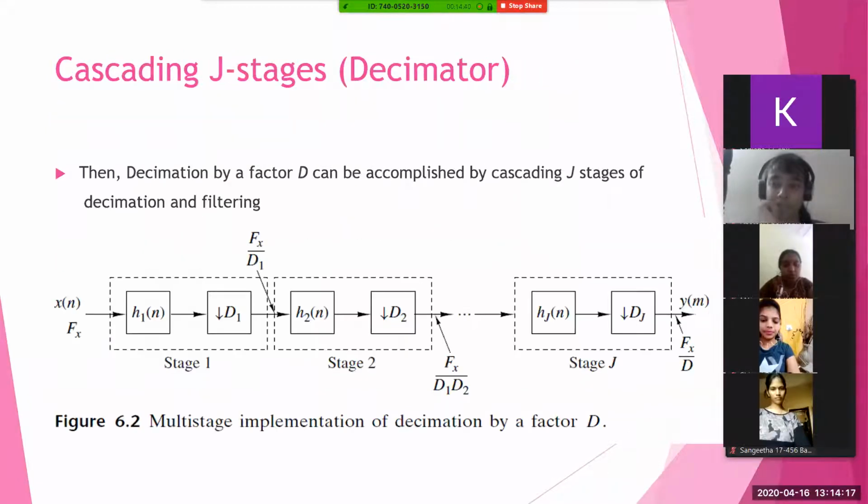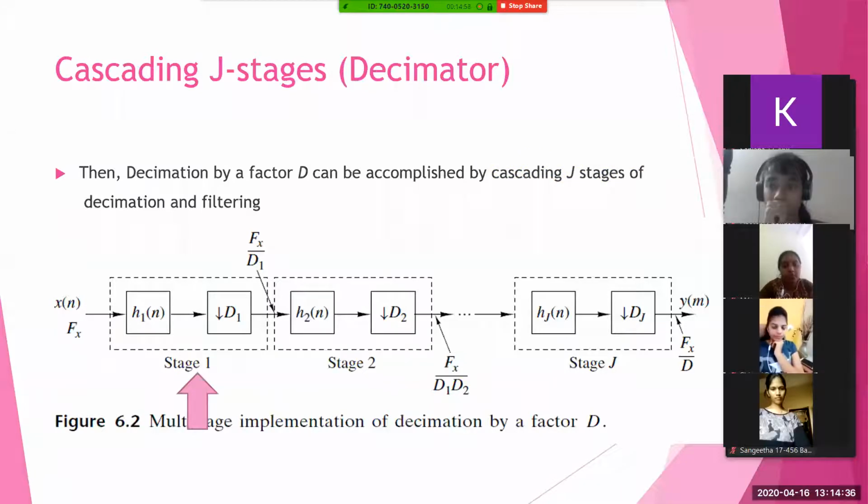Here also the decimation factor is a large one, D. I'm dividing it into smaller parts, and now I'm cascading all those smaller decimators together.